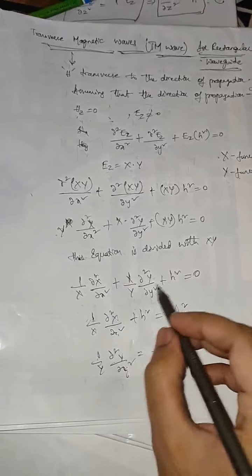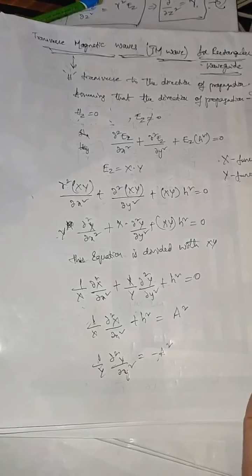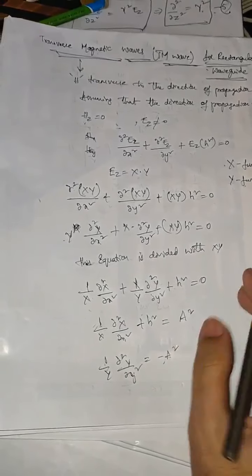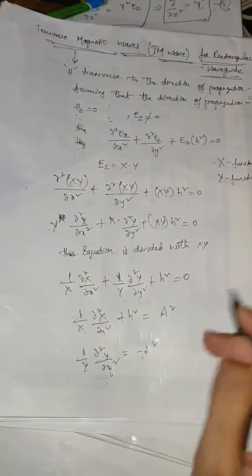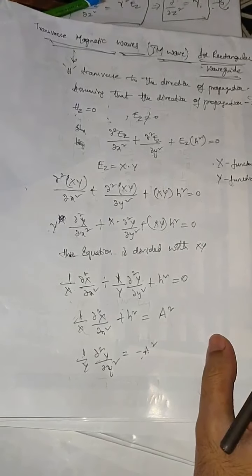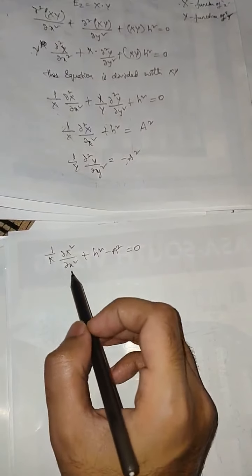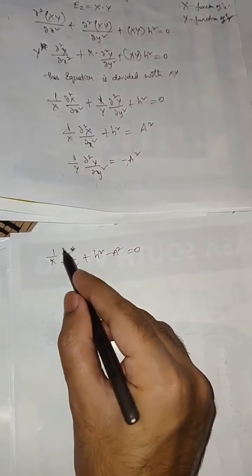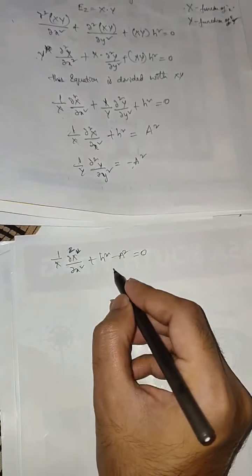If you add these two terms, you get a squared minus a squared equals 0, which satisfies the equation. Now, using these equations, the above equation can be written as: first, 1 by X d squared X by dx squared plus h squared.